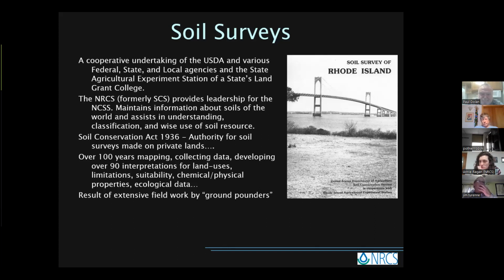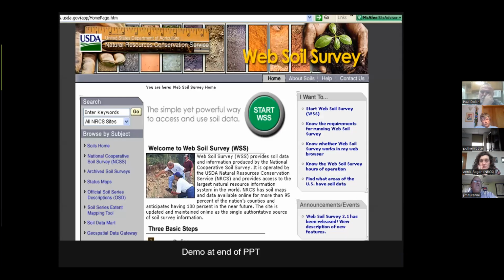In some areas, we go back and do an update map. So you should be familiar with using a web soil survey. I don't know how I'm doing time-wise, but I can show you basically how to use that. I recommend going in and trying to pull up a soil map for where your house is or something like that. I'll show a couple ways to get soils data.